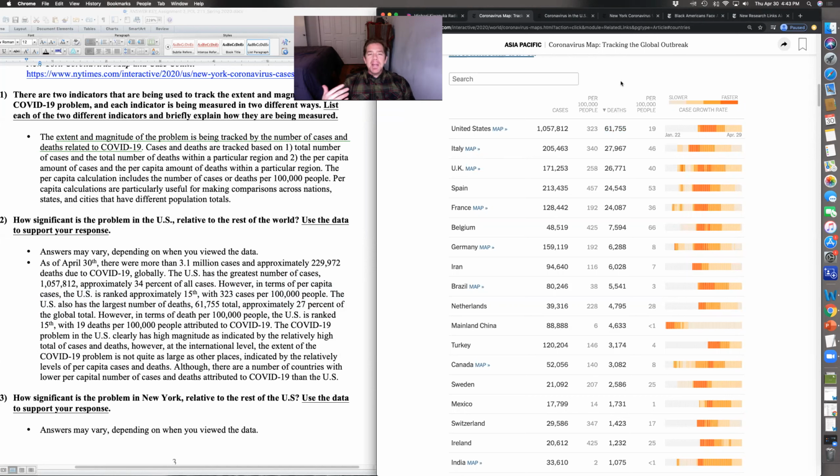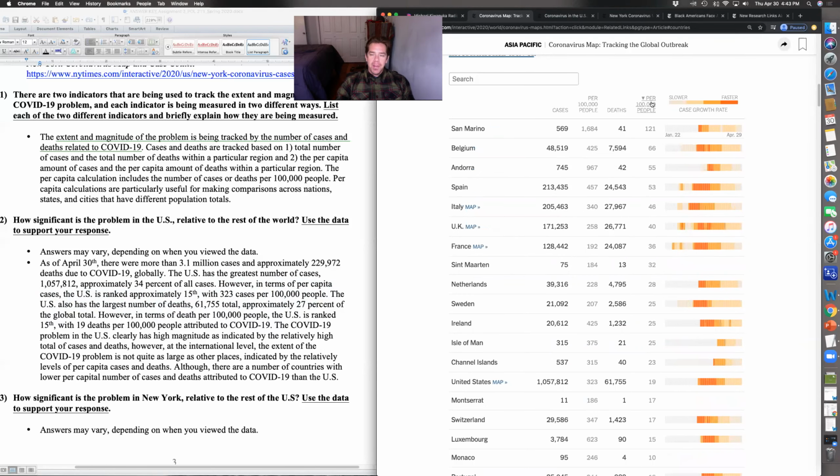But for the sake of making comparisons, the total deaths, as with the total cases, is important information. We have a high amount of cases here in this country relative to other places. And now let's make comparisons. So now we can sort the table in terms of per capita deaths.